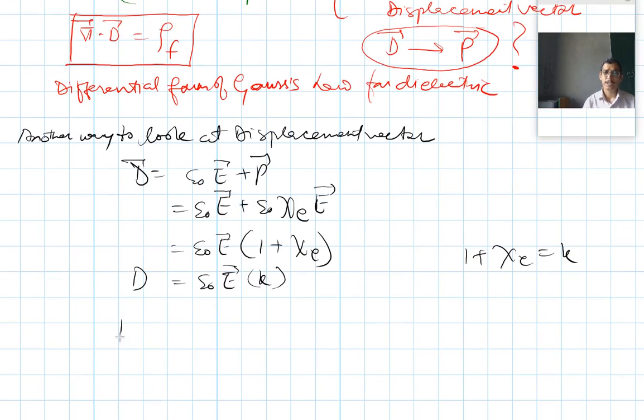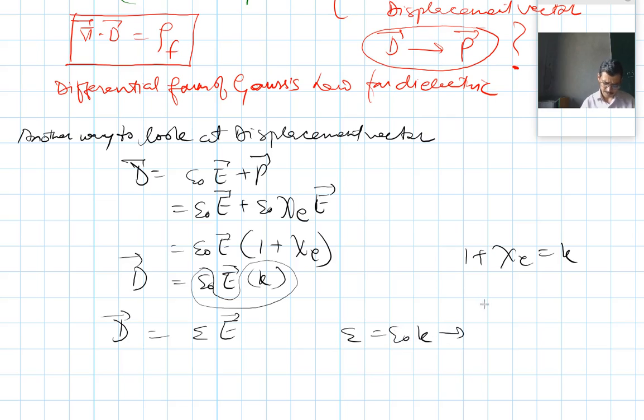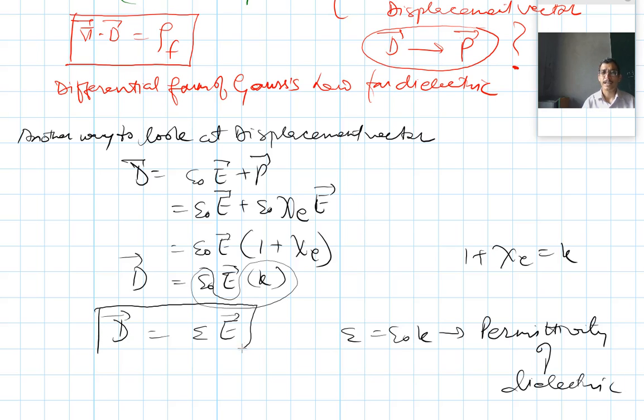Therefore the D vector can be written as epsilon naught K E, which can be collectively written as epsilon E, where epsilon, equal to epsilon naught K, is known as the permittivity of the dielectric. So this is another definition for the electric displacement vector.